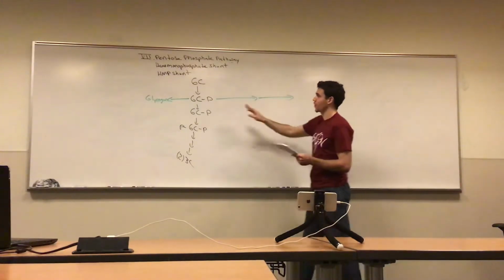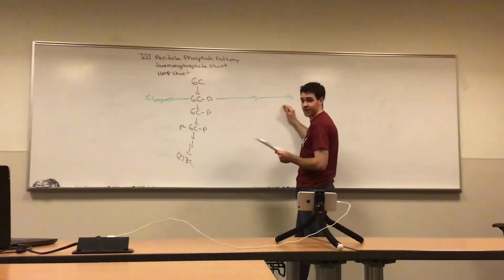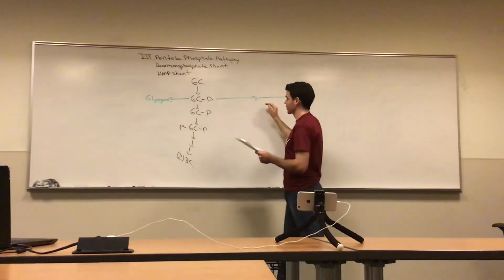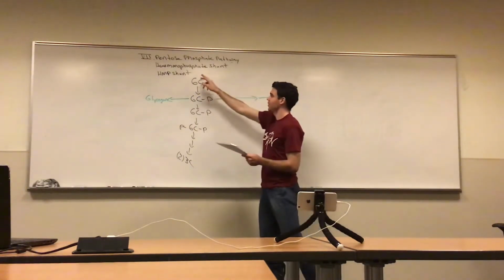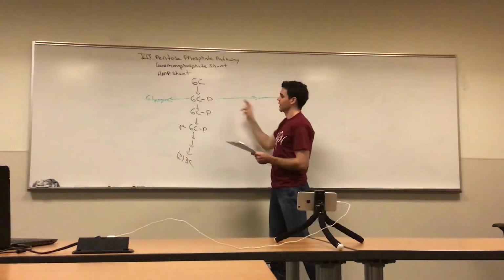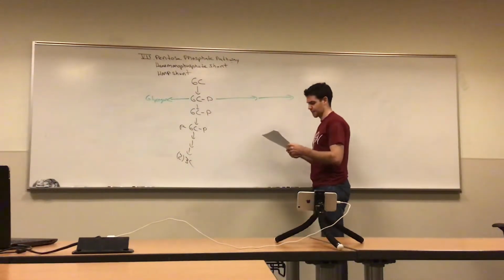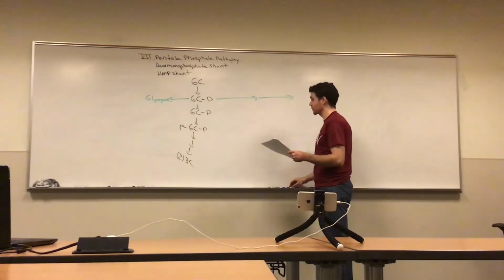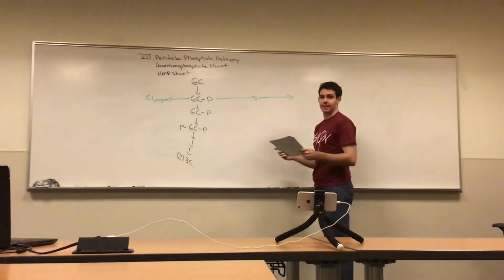Now it's called a shunt because it's sort of coming off to the side. So that's what the shunt is. And the hexomonophosphate, well, we'll get to that again. So the key thing about this pathway is the enzyme.